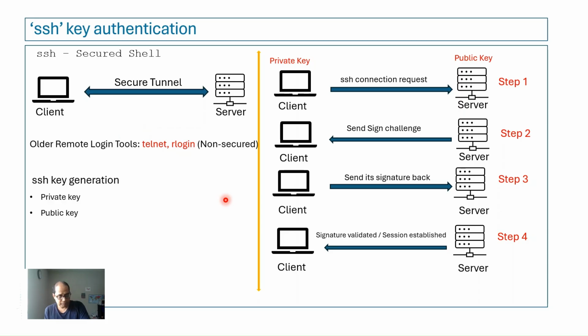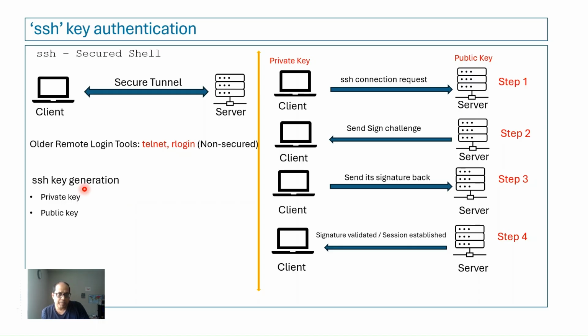For SSH keys, before you use them, you need to generate the key. So you use an SSH key generation command from your SSH utility. You need to have the SSH utility installed on your client and the server.